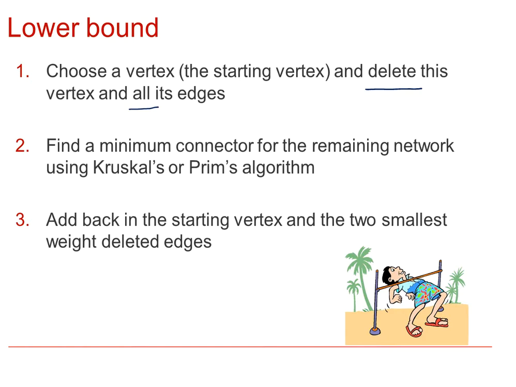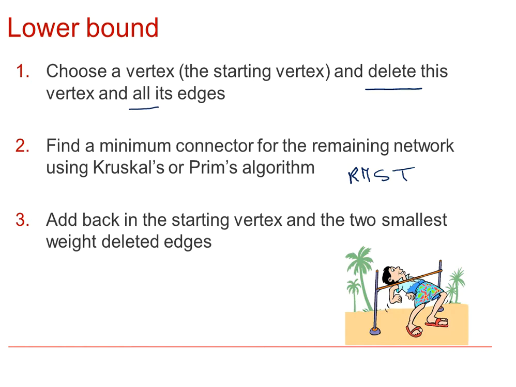We then use Kruskal or Prim's algorithm to find a minimum connector or minimum spanning tree for the remaining network. We could call this a residual minimum spanning tree or RMST.